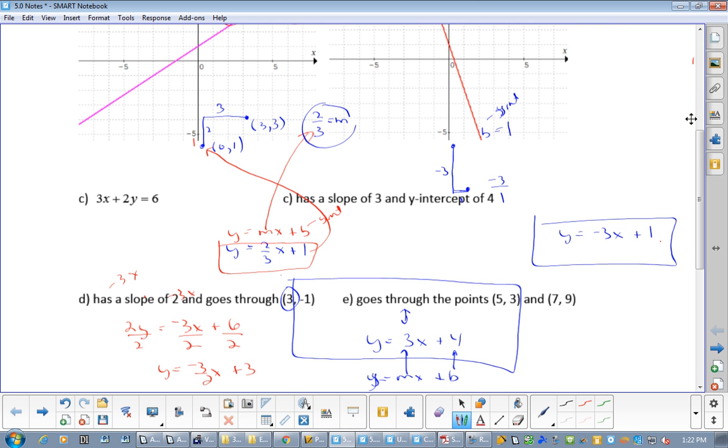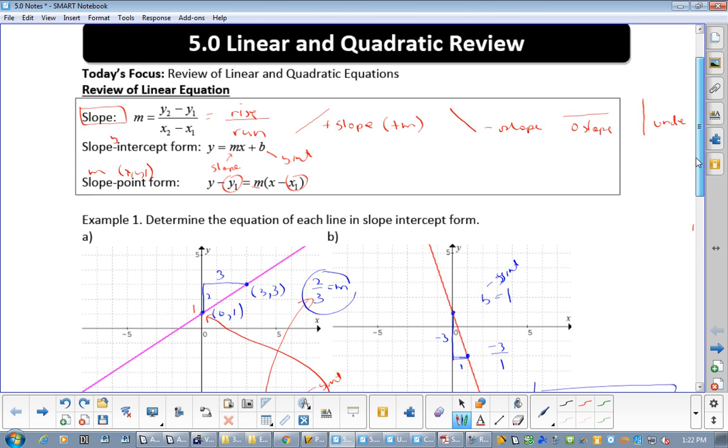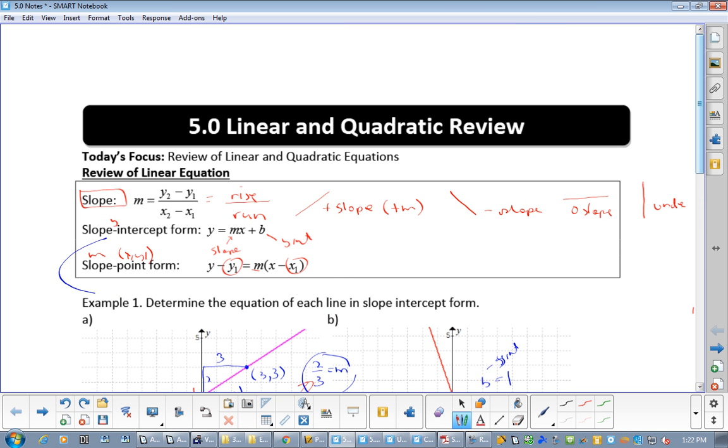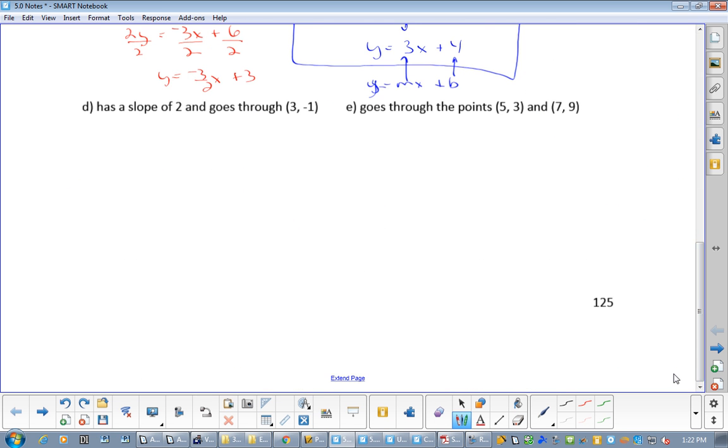Okay, right here, the slope point form. They give me 1 point, my x1 and my y1, and they give me the slope. So let's write it down first. I got y minus y1 equals m times x minus x1.